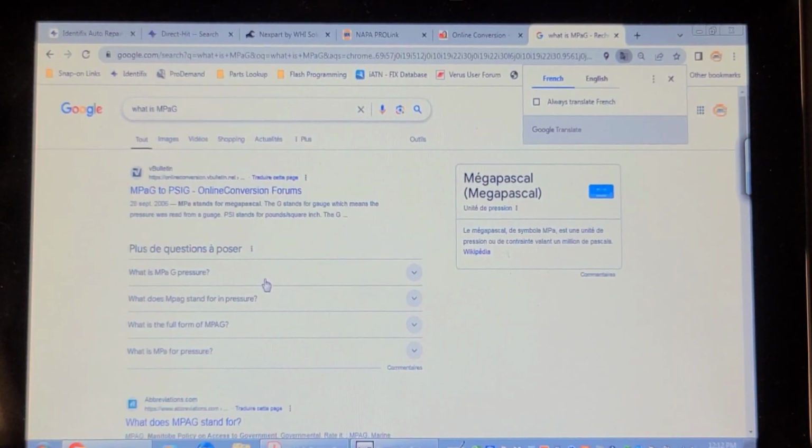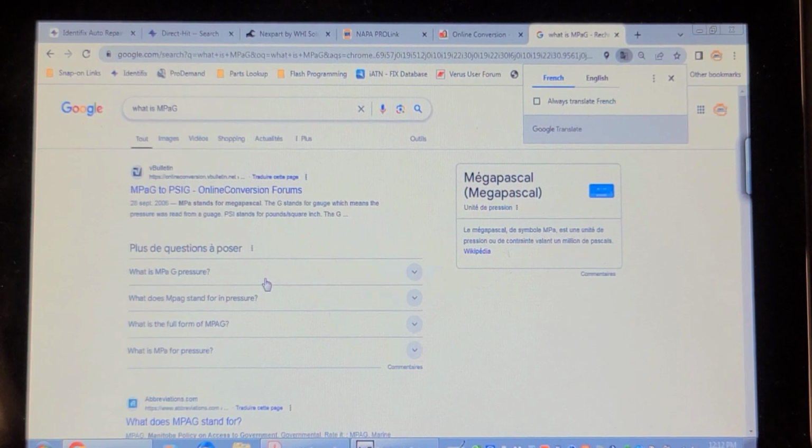So a quick Google search: MPAG is megapascals gauge pressure.